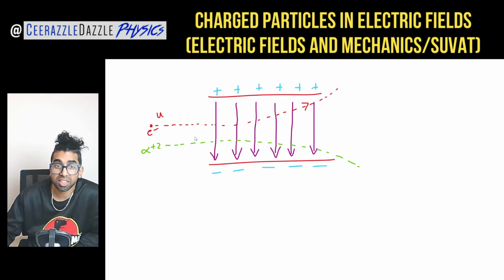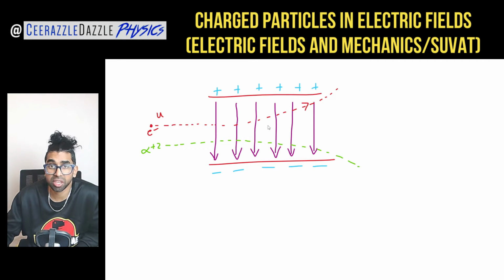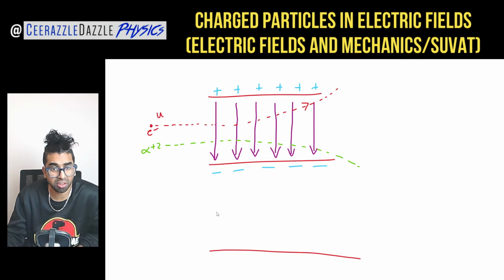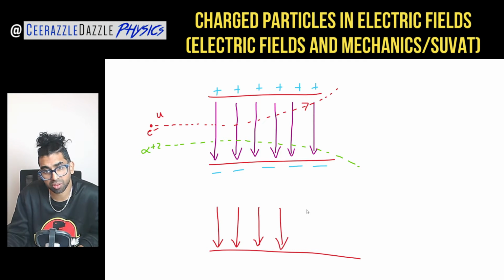So we have an idea that charged particles will be deflected within an electric field. But right now, guys, we're going to try and combine this with some mechanics. From here, you might be thinking, I've never seen anything like this, but we can tie this into mechanics. This is very similar to gravity. So look, on this side, this could be the Earth, and we could have the gravitational field lines going downwards over here.